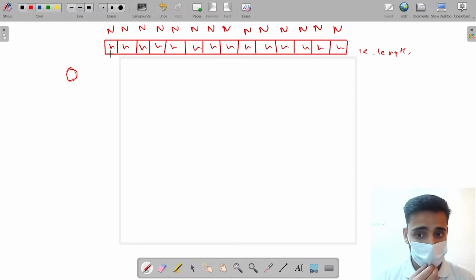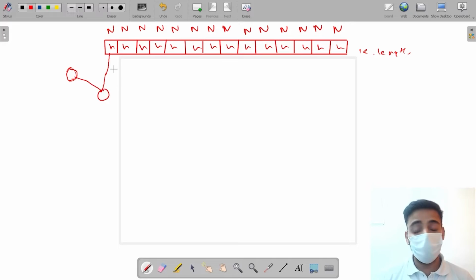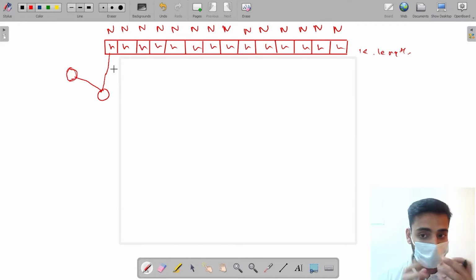Its size is n, so these two will be merged. After that, the size of this reference linked list is n, and then it will be merged with this. This time the size is 2n.